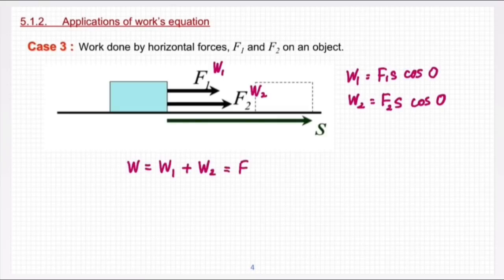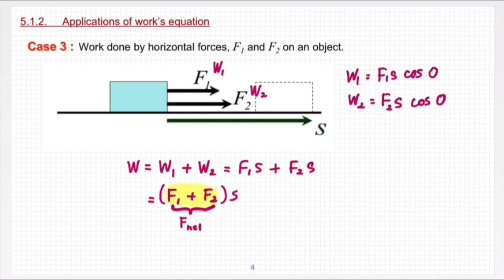We can substitute in the equation, so we get F1S plus F2S, because cos 0 is equal to 1, so we don't have to write that anymore. We can factorize S, so we get F1 plus F2 times S, and F1 plus F2 is actually the net force, F net. So we can rewrite our equation as W is equal to F net S.